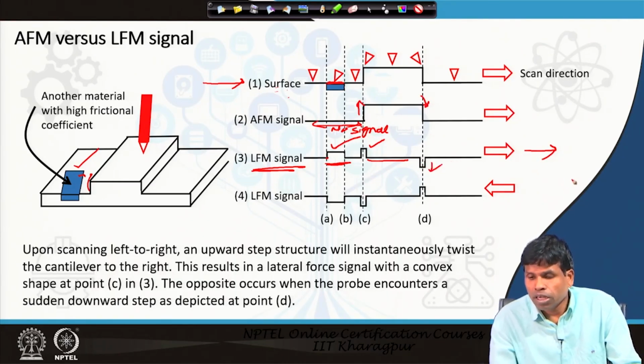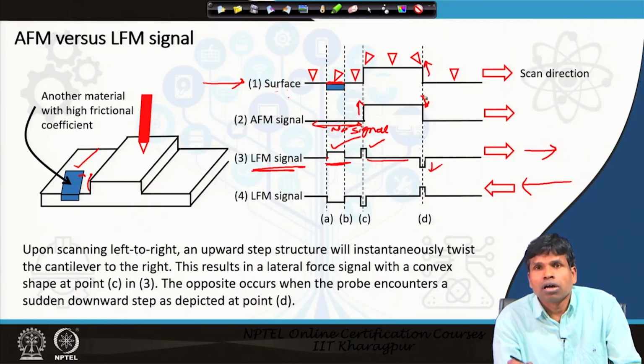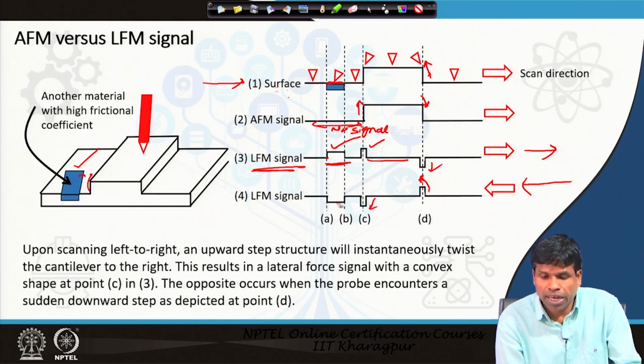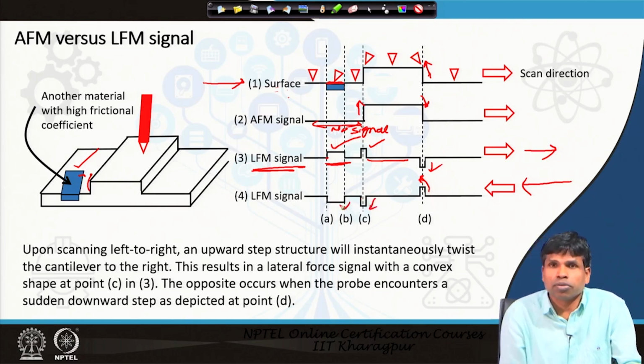If the scan direction is opposite, then it sees an upward object with upward features, so it goes with a convex peak, and here it is in the opposite direction, the signal comes in the opposite direction.